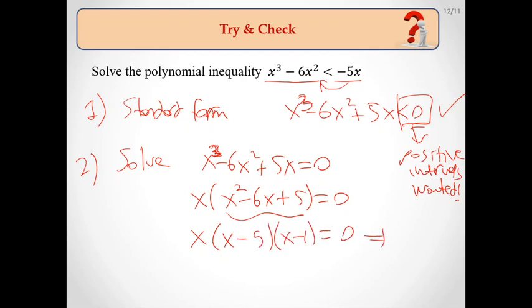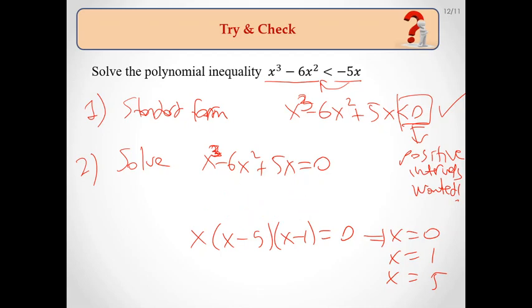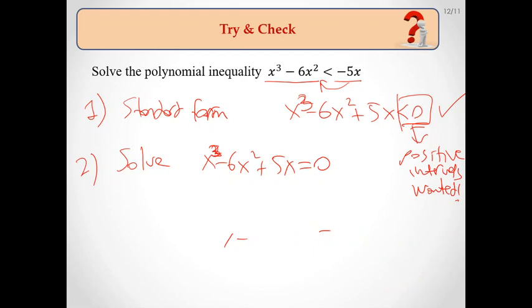So this gives you x equal to 0, 1, and 5. These are the roots. Zeros are x equal to 0, 1, and 5.